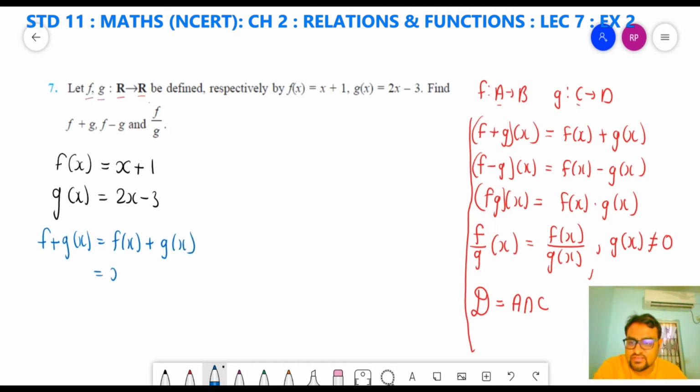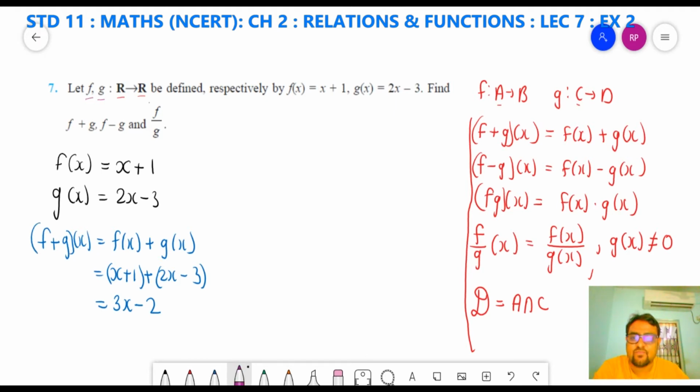So what is f(x)? x plus 1 plus 2x minus 3. x plus 2x is 3x, and 1 minus 3 will be minus 2. So this is (f plus g)(x), which is 3x minus 2.